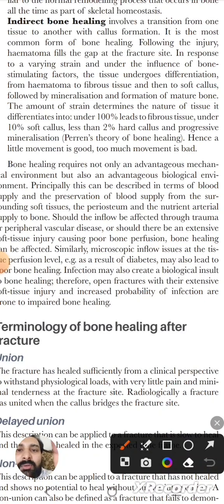First, fracture hematoma is formed which fills the gap, then fibrous tissue, then soft callus, then hard callus, and then mature bone.